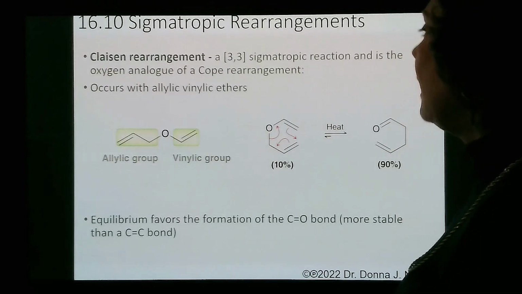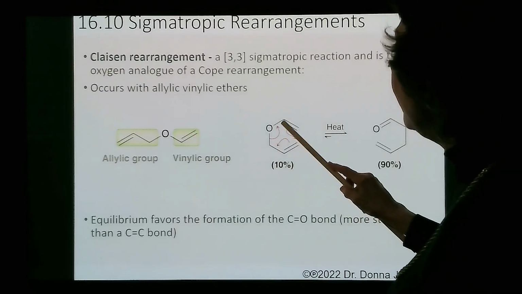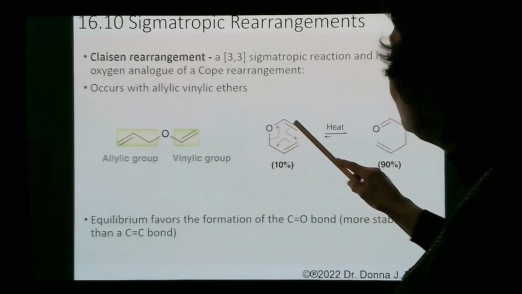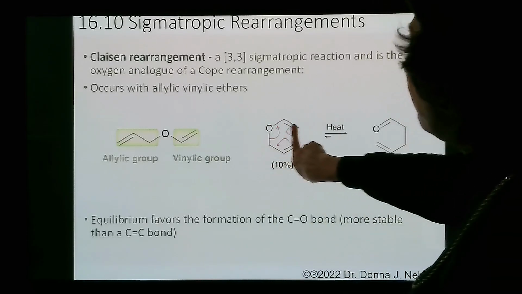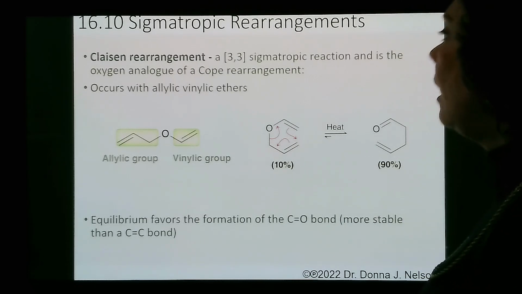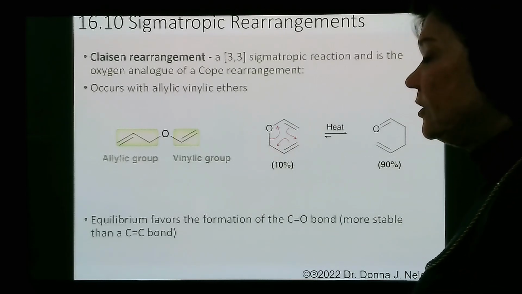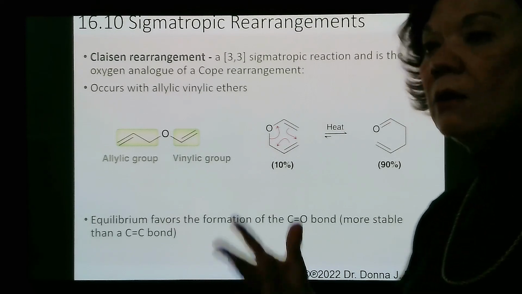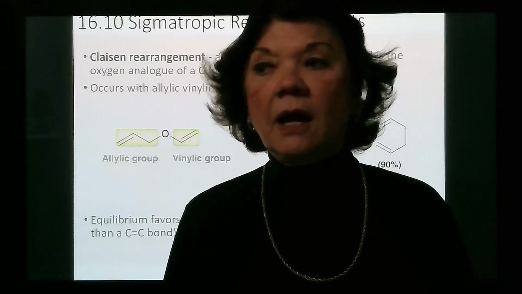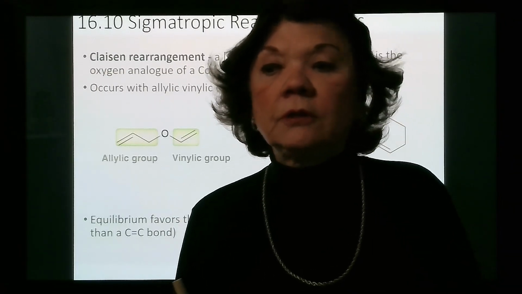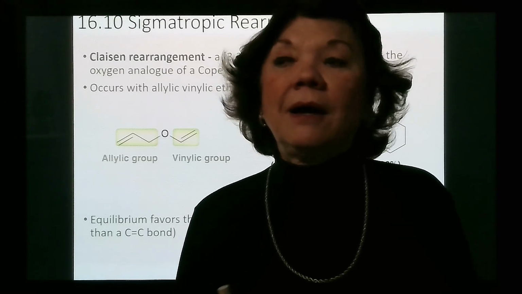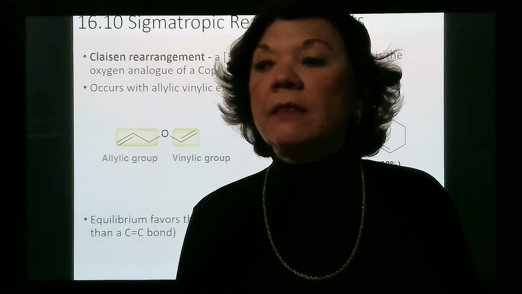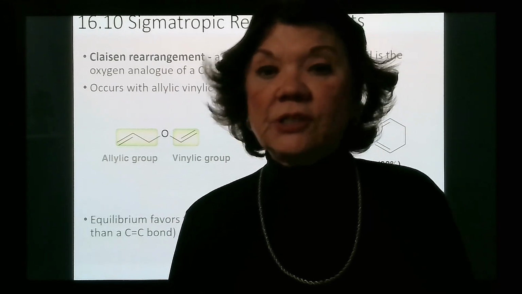But it's still a 3-3 sigmatropic arrangement, 1, 2, 3, 1, 2, 3, with this bond migrating down those two pi systems.